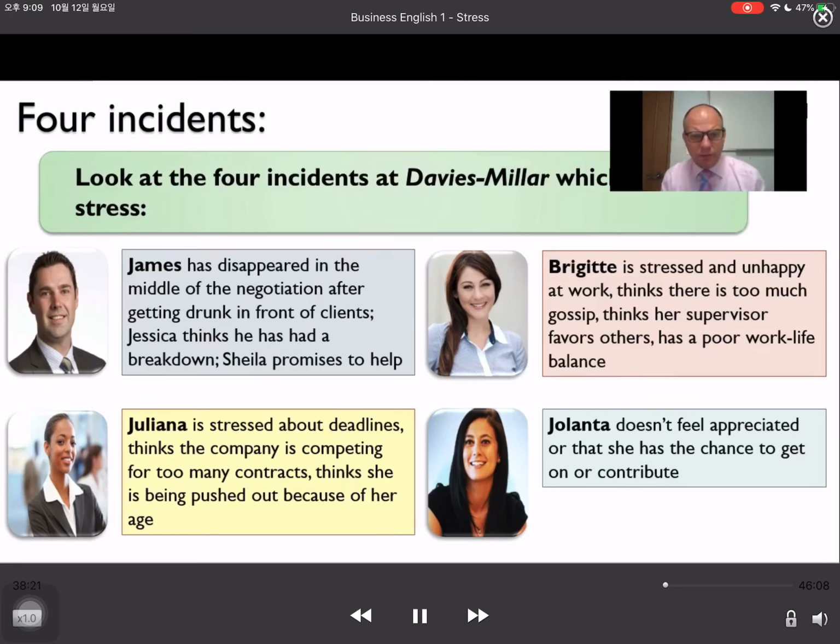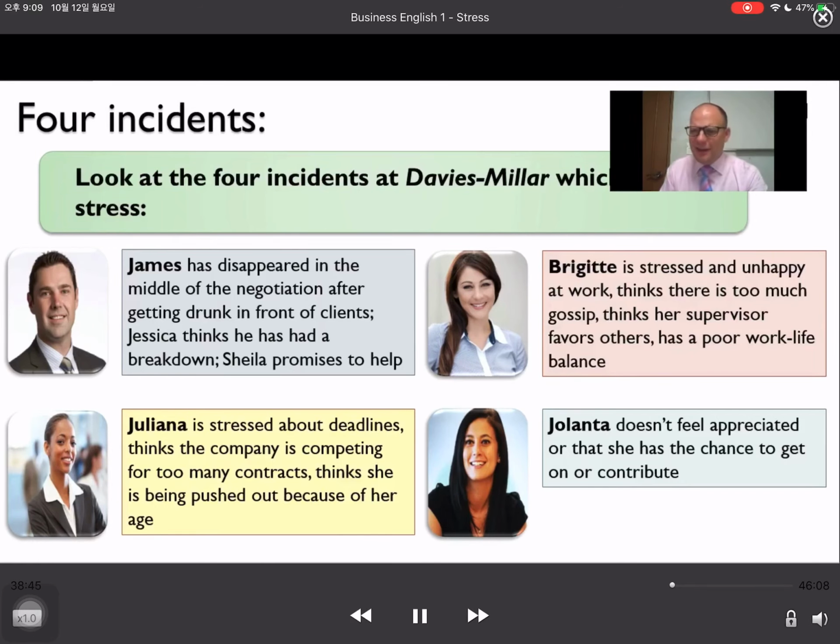You've got 4 examples there. But let's take James. So he's got drunk in negotiations, pretty bad in the middle of negotiations. You could fire him. It's definitely a fireable offence. But is he a good salesman? Does he make you a lot of money?